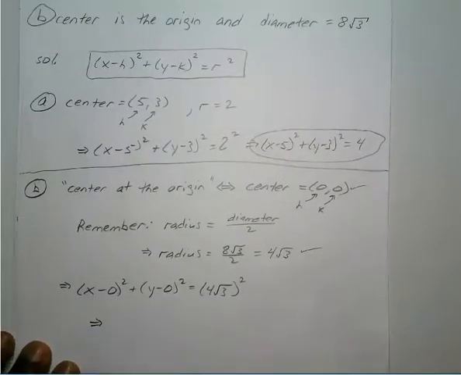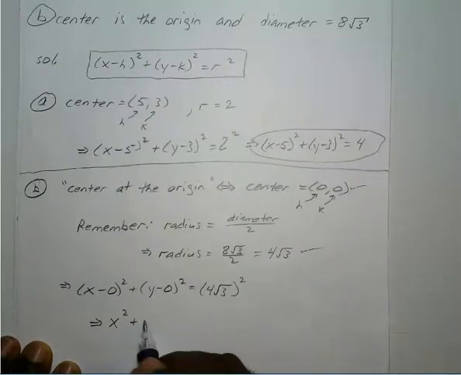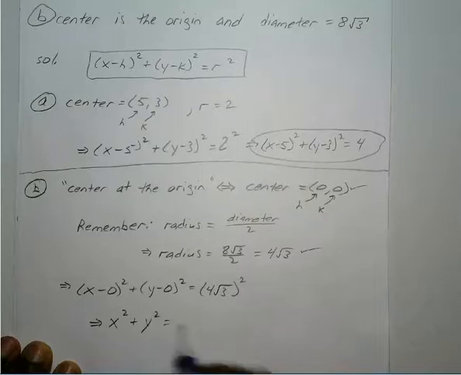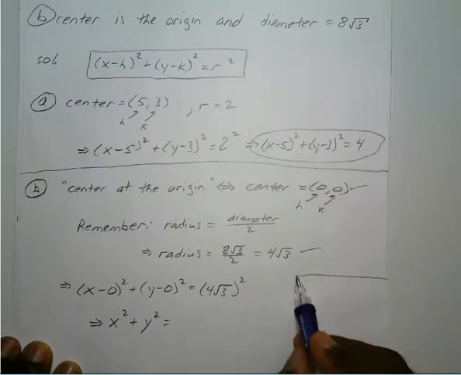Okay, so x minus 0 is just x. So we have x squared plus y minus 0 squared is just y, so you have y squared equals 4 square root of 3 squared.